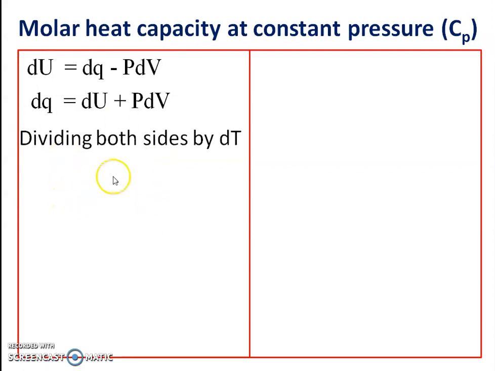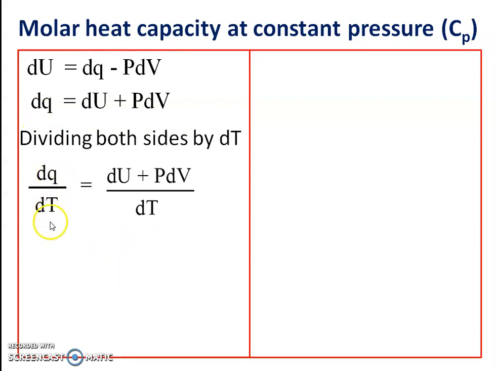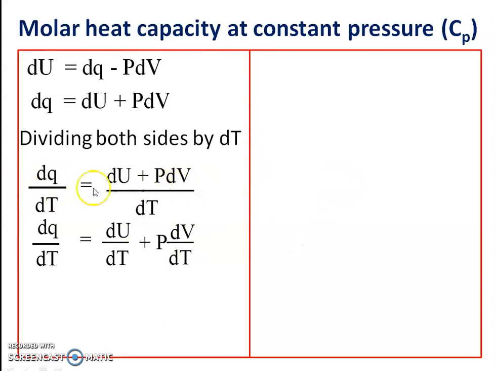Again dividing both sides by dT, we get dq by dT is equal to dU plus P dV upon dT. Rearranging, dq by dT is equal to dU by dT plus, when pressure is constant, P into dV by dT.